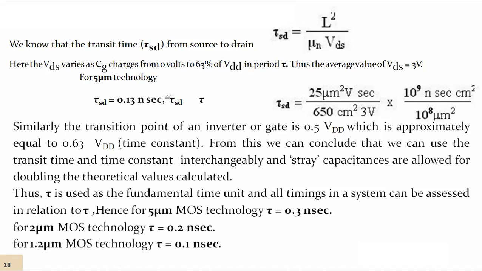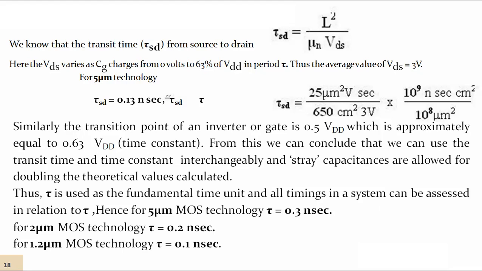Hence, for a 5 micrometer MOS technology, with parasitic elements it is equal to 0.3 nanoseconds. For 2 micrometers, 0.2. For 1.2 micrometer MOS technology, it is 0.1 nanosecond. Just as the technology advances, delay time decreases. Overall summary, overall thing here is, as the technology advances, that is size reduces, that is length and width size reduces.